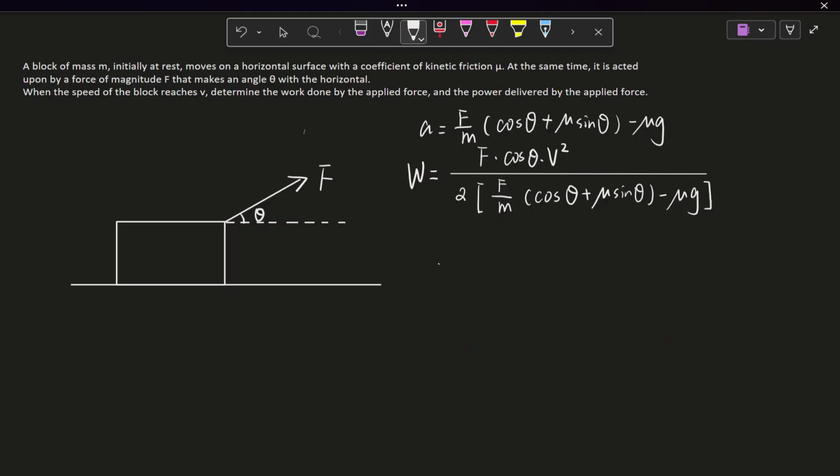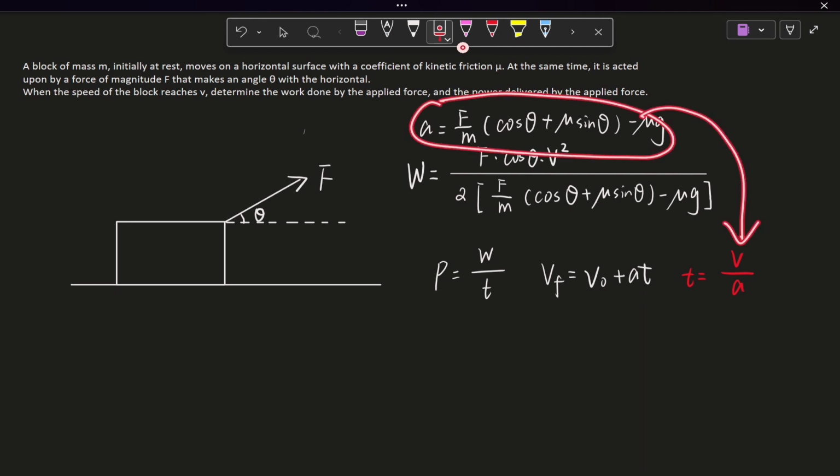The formula for power is P is equal to W over T. How do we find T? Using the kinematic formula, Vf is equal to V naught plus AT, right? V naught is 0, so we can just ignore it. So T is actually equal to V over A. Then we can just plug in the acceleration we found originally over here.